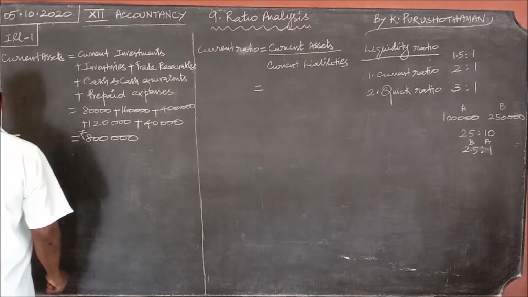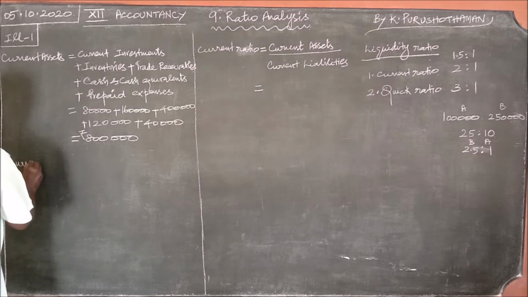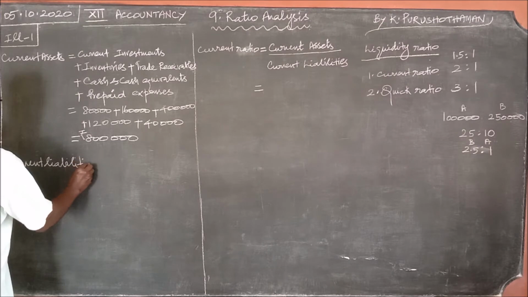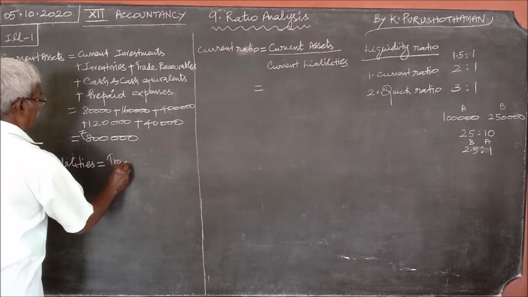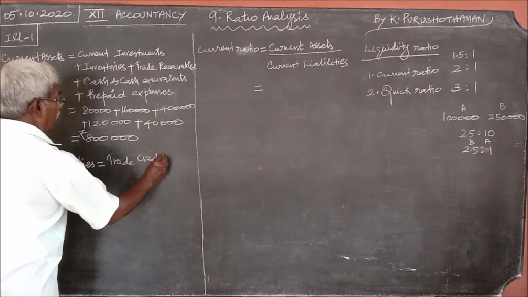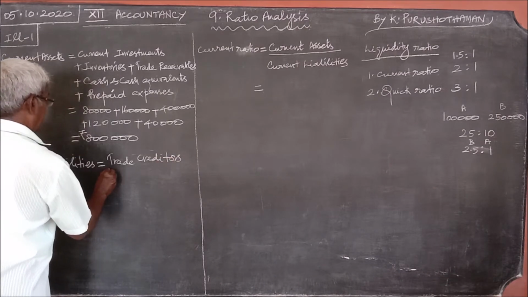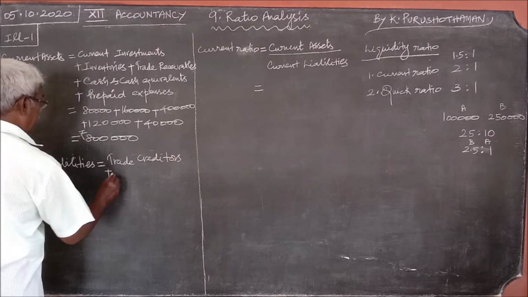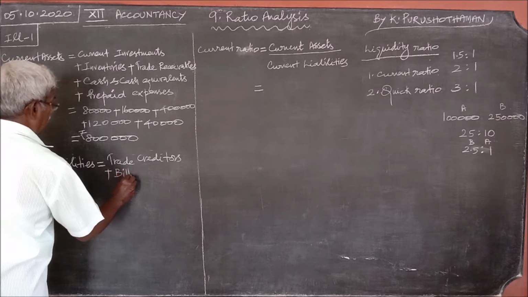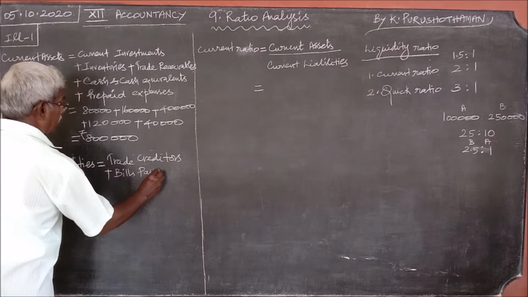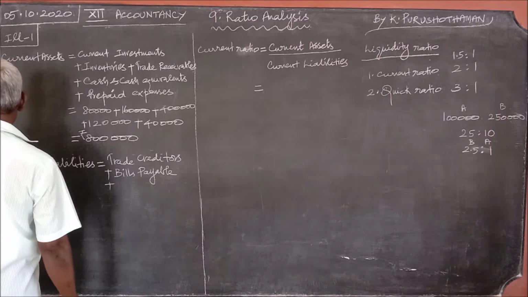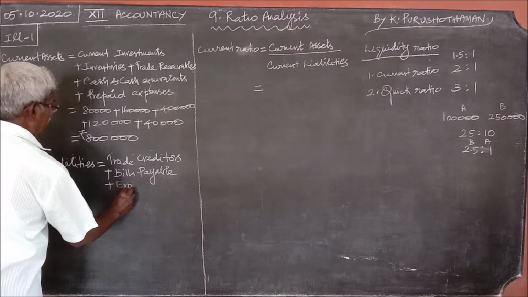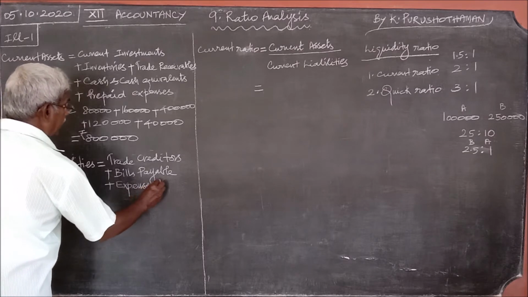Now we should find the current liabilities. What are the current liabilities given here? Trade creditors, plus bills payable, plus expenses payable, that is outstanding expenses.